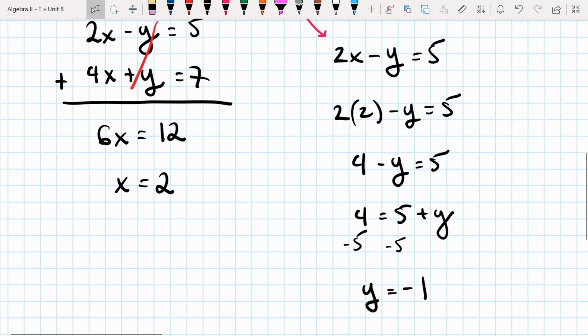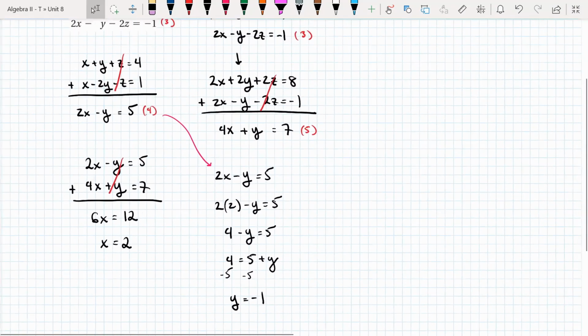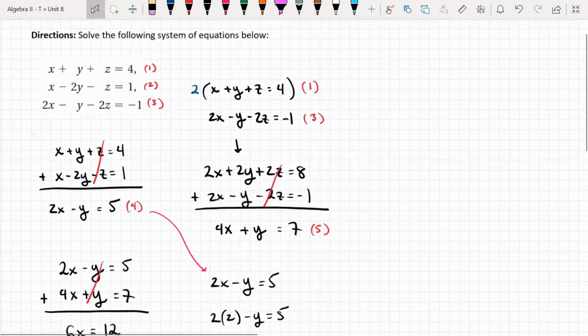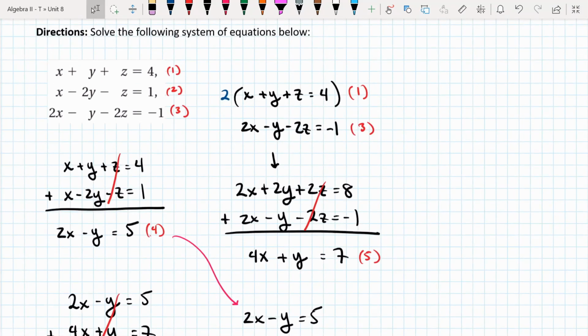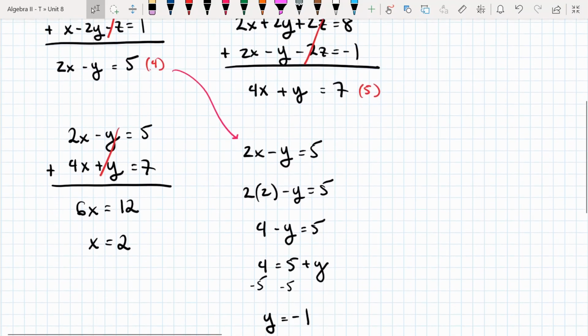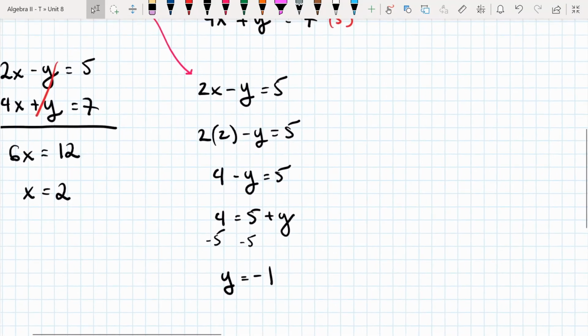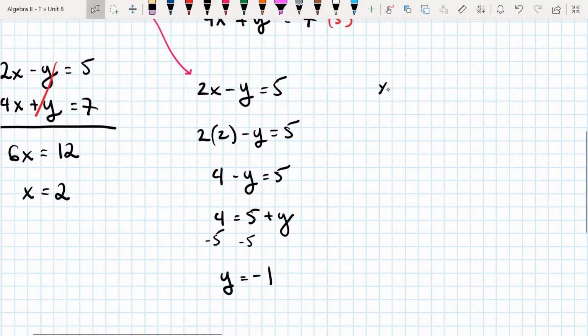So we have an x, we have a y. All we need now is the z. And that is going to come from going back to the original three equations at the beginning. Let's pick the first one, because this one doesn't have any negatives. This one looks like it's easy to work with. So equation number 1 says that x plus y plus z is equal to the number 4.